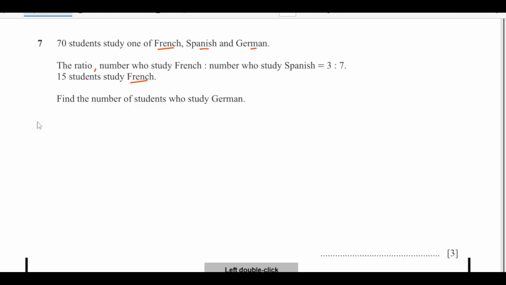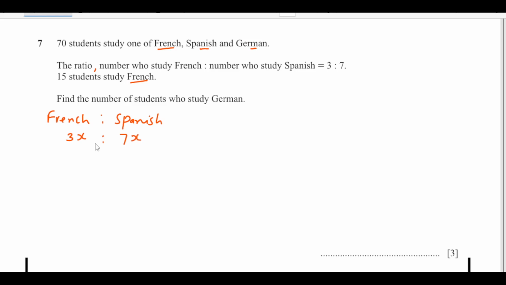So we will start with the ratio we are given, a ratio of French and Spanish, right? French to Spanish. So for French we have 3 and for Spanish we have 4, right? So this is the ratio. So we can have a multiple of this.